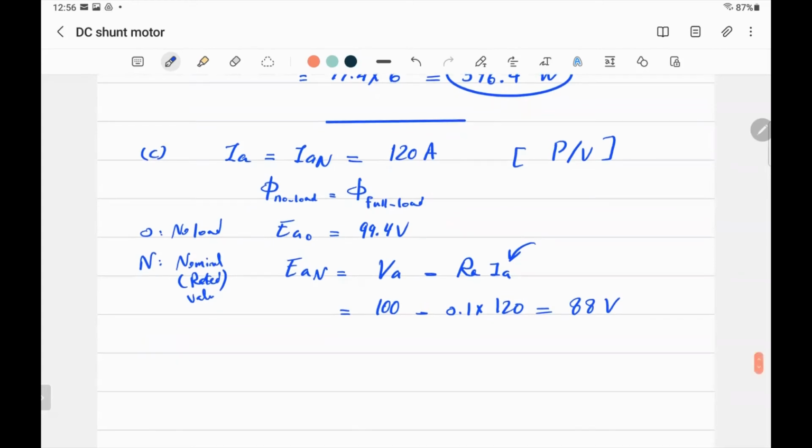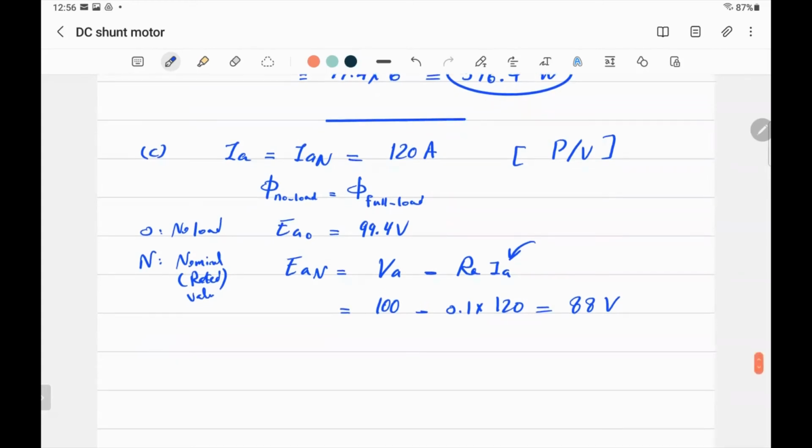So what is the speed? You need to find the speed. Well, the speed is proportional to the EMF, as we said. Why? Because we said before E is equal to constant K phi times omega. So if phi is constant, K is constant, and we can say that E is proportional to omega.